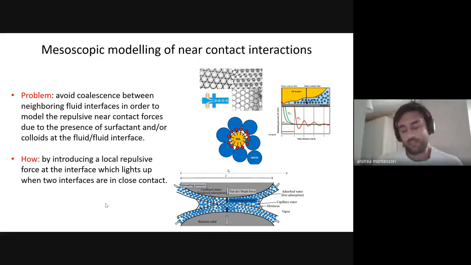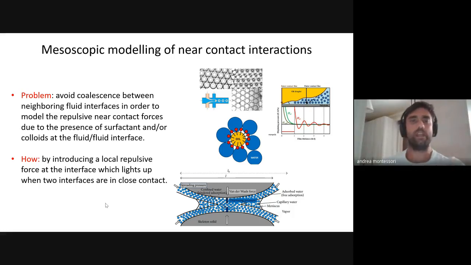Usually in physical systems, the coalescence between droplets, or between interfaces and other fluid interfaces, is avoided because of the presence of, for example, surfactants or colloids, which position themselves at the fluid-fluid interface. So how did we do this? Basically by introducing a local repulsive force at the interface, which lights up when two fluid-liquid interfaces are in close contact with each other.